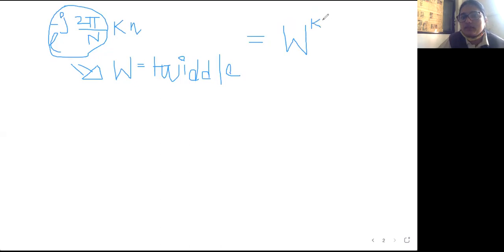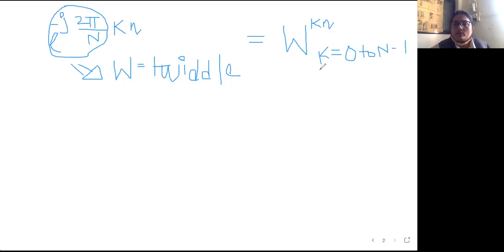The exponential part, e raised to minus j 2 pi upon capital N multiplied by Kn, is represented by the twiddle factor W. So this entire equation we can write once again as W raised to Kn, where the variable k ranges from 0 to n minus 1.